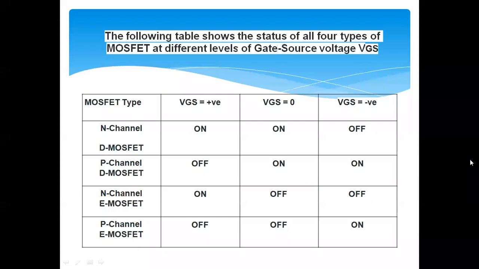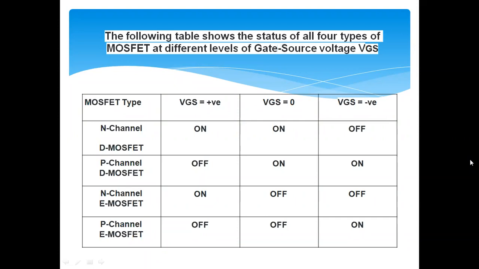Whatever positive gate voltage we apply to the enhancement type is positive, while in the case of depletion type, the gate voltage we apply is negative. And a depletion type MOSFET can also act as an enhancement type if the gate voltage increases above 0 volt. That point you should remember.